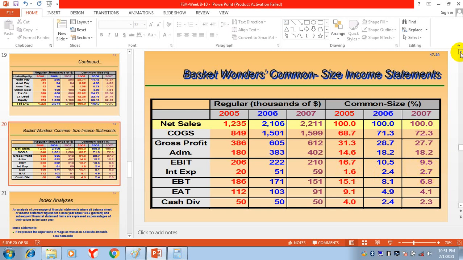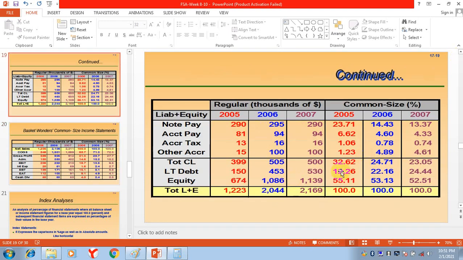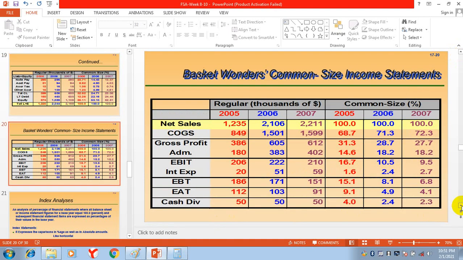If you check our loans, from 12% it goes up to 24%. So when it goes up to 24%, your interest expense will increase. Earning before taxes, 15%, 8%, 6.8%. So our earning before taxes is also going down. It is because of the increase in cost of goods sold and the increase in admin expenses.